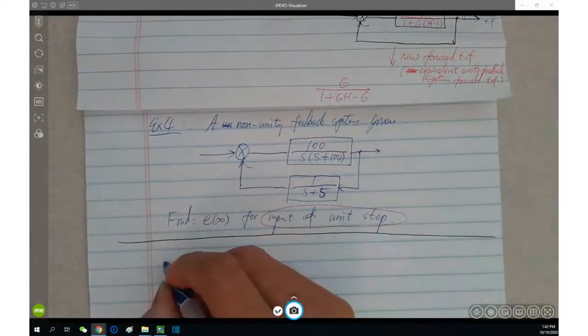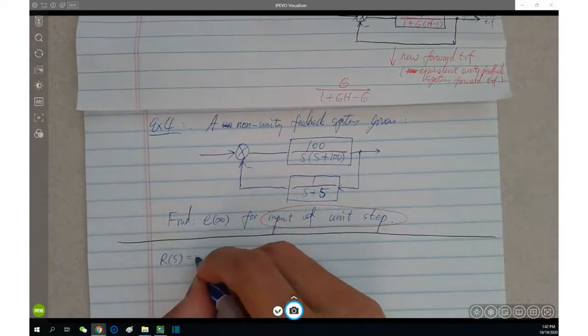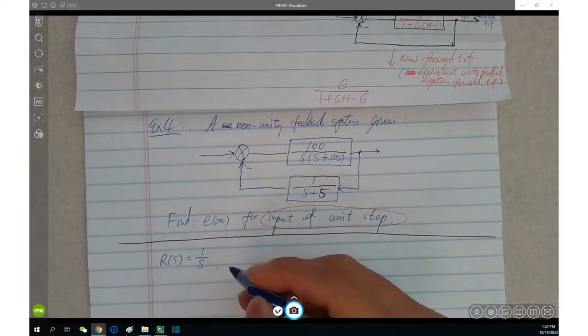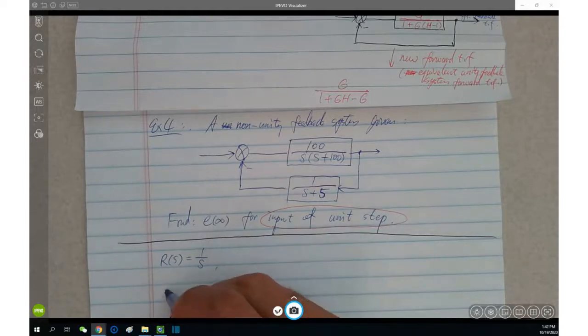But first of all, the input is unit step. Unit step, you need to understand it means the constant of 1 divided by s. This is a unit step. And then what you need to do is obviously the forward transfer function. Of course, in your mind, you need to be very clear.